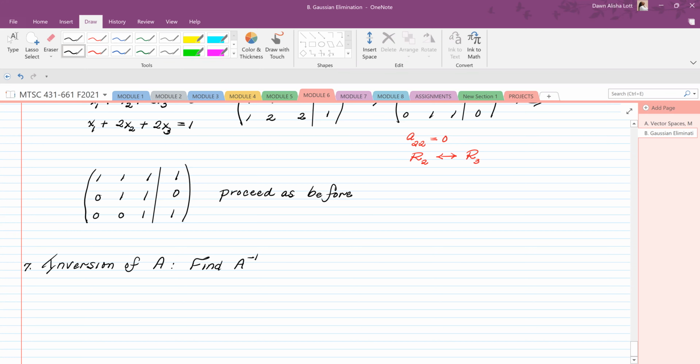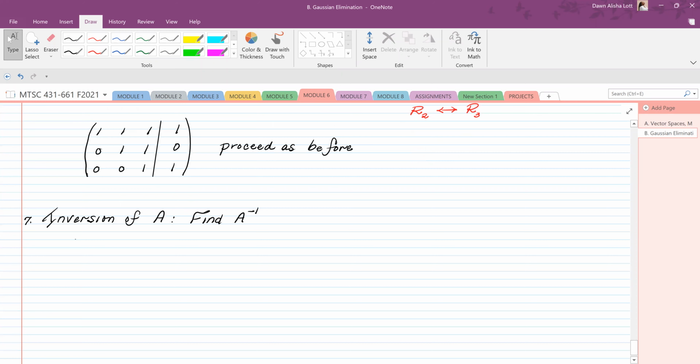All right. That's basically A times some matrix X is equal to the identity, with X an n by n unknown matrix.